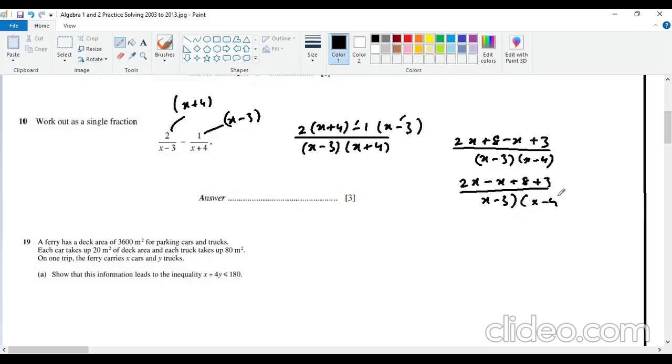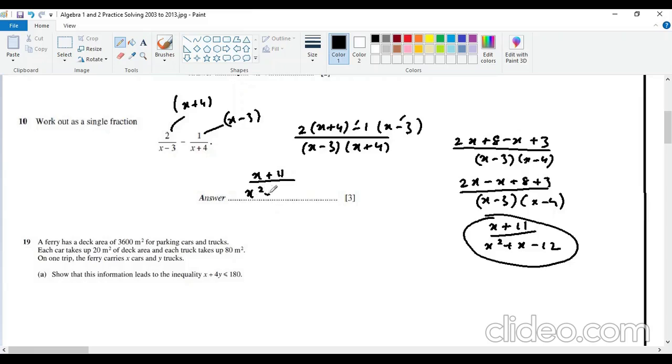In here, these are the two like terms. So the answer will be x plus 11 over, when you multiply these two, x squared plus x minus 12. So this is going to be your final answer. You will write over here x plus 11 over x squared plus x minus 12.